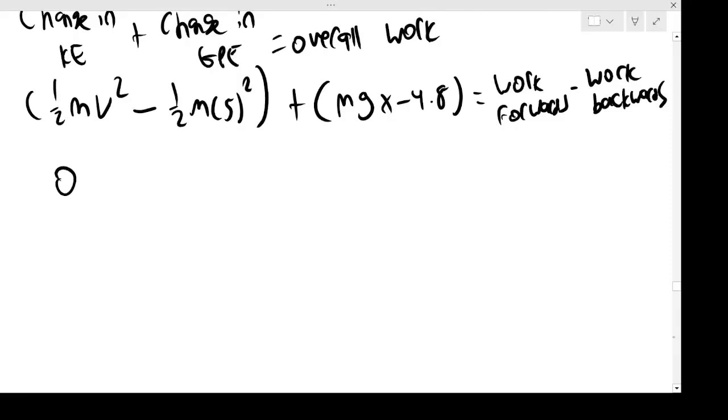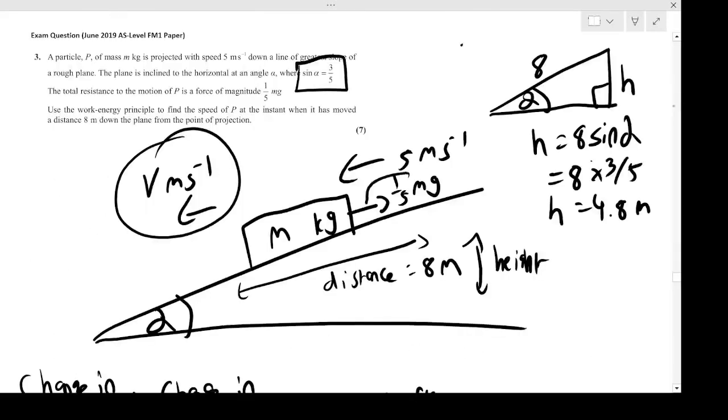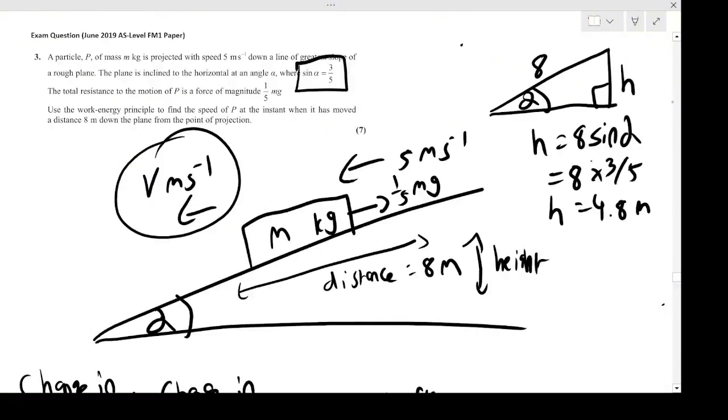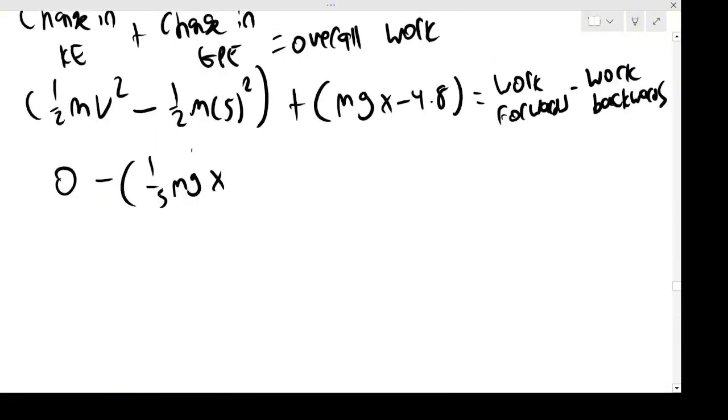So it's going to be 0, take away the work backwards. We do have a resistance force acting backwards to motion. So it's going to be the force, which is a fifth mg, times distance. The distance is 8 meters.